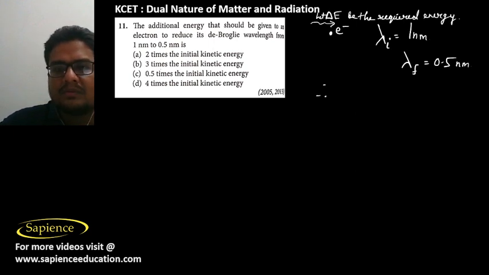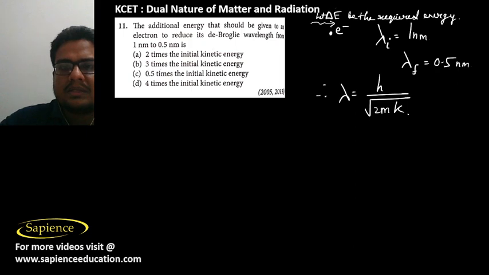So then, you know that lambda will be equal to h by square root of 2m into kinetic energy. Let that energy I can write as delta K, meaning additional kinetic energy should be applied to it.